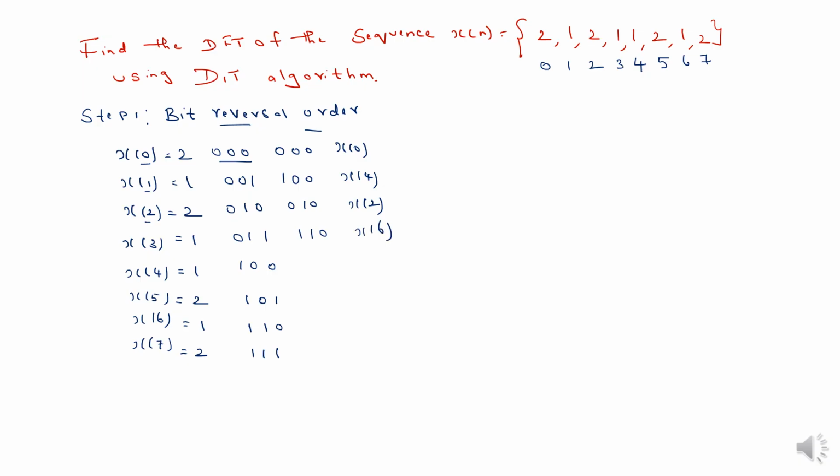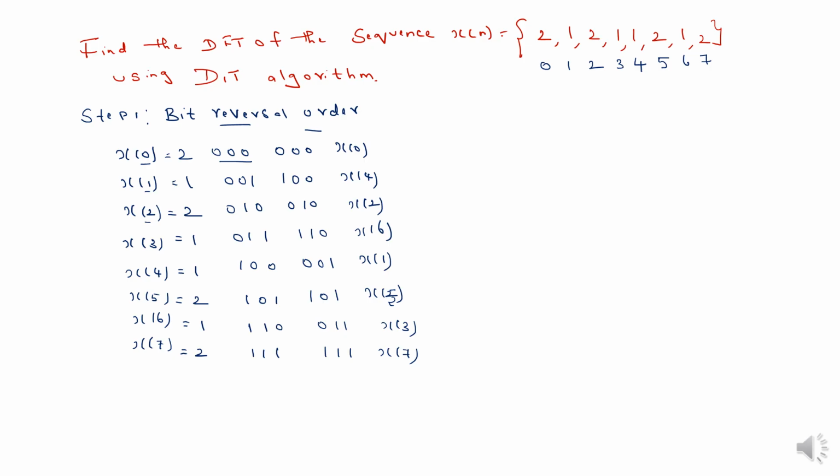If I reverse this, it is going to be 0, 0, 1. 0, 0, 1 is going to be x of 1. If I reverse this, it is 1, 0, 1 only. Therefore, it is x of 5. If I reverse this, it is going to be 0, 1, 1. So 0, 1, 1 is going to be x of 3. And if I reverse this, it is going to be 1, 1, 1 and it is equivalent to x of 7.